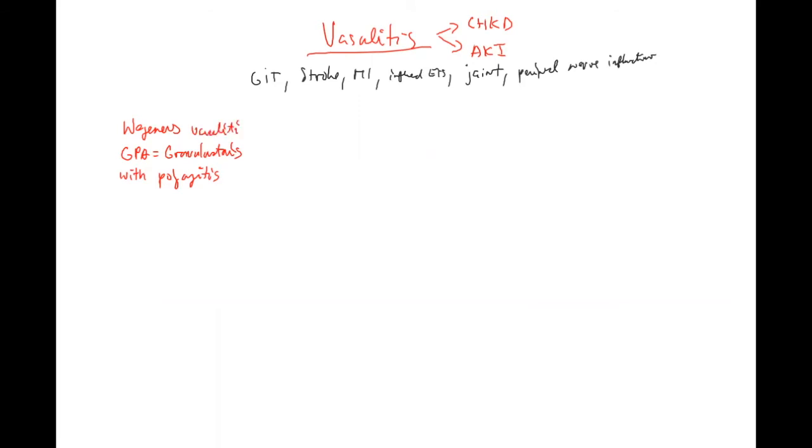And what is typical with Wegener's? Well, it's a combination of glomerulonephritis, but typically over here you look for sinusitis or rhinitis, okay? So it's an upper respiratory tract infection. So sinusitis or rhinitis, and this can be pretty serious. And it's a chronic inflammation of the upper respiratory tract.